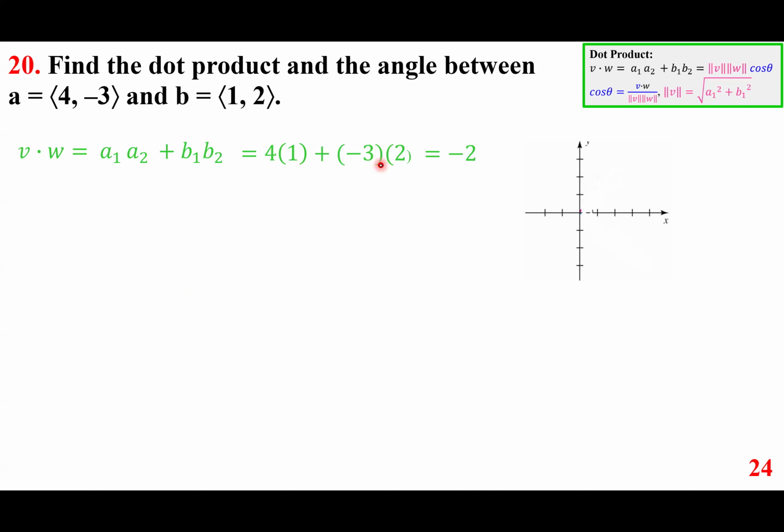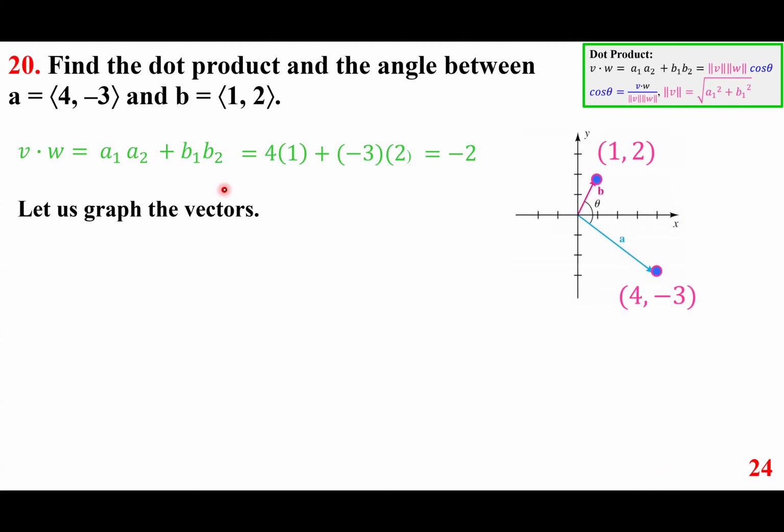So that is easy. To graph them, by the way, just locate 4, negative 3, and locate 1, 2. And those are the two vectors. It's very simple as far as graphing.